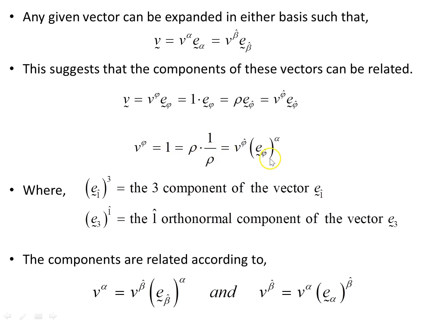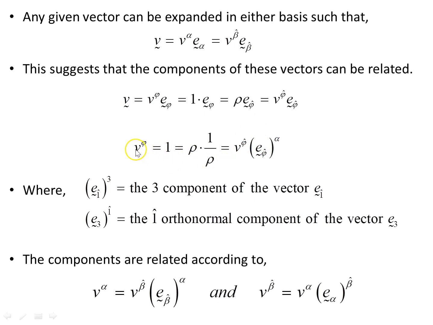Now this 1 on rho happens to be the orthonormal basis component, which we describe using this parenthesis notation, and we'll look at this in more detail shortly. This object times the orthonormal basis vector e_phi hat, which is rho, gives us 1.